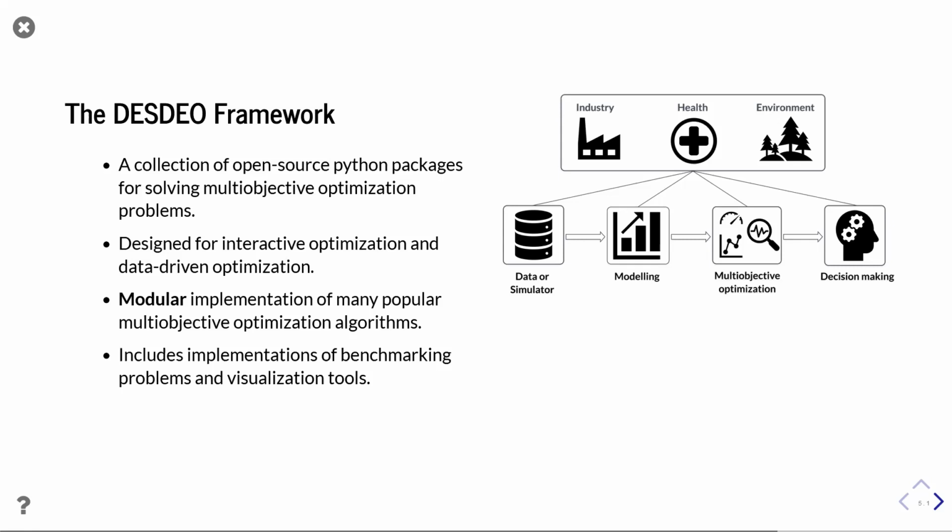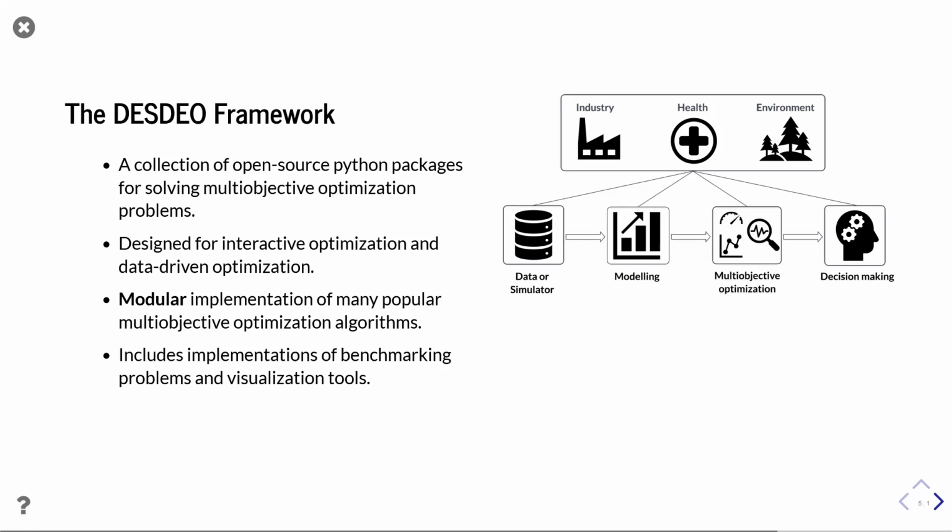There are many methods implemented within the framework, including evolutionary algorithms and many other scalarization-based approaches, which I will not talk about during this talk, but there have been previous seminars on this, and the recordings of those seminars are available on our YouTube website.